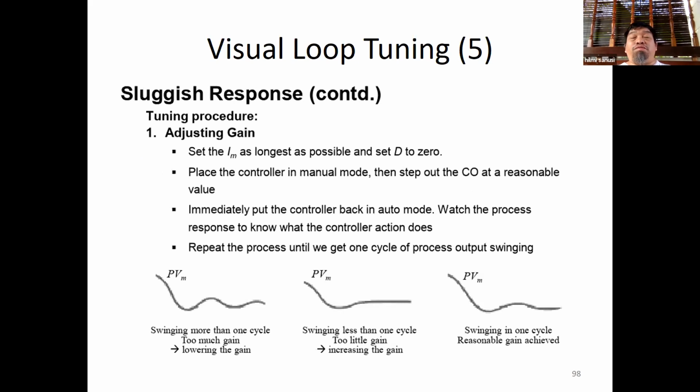So kalau the system tu sluggish, slow, so you set the I to the longest, and then set your derivative to be 0, and then place a controller in manual mode. Then you increase your gain.